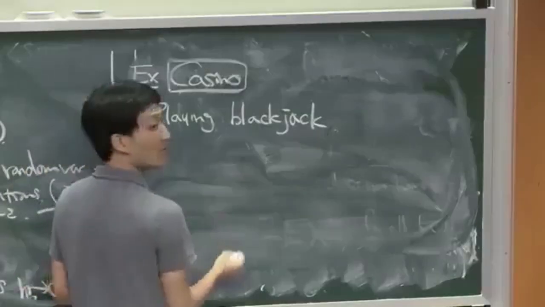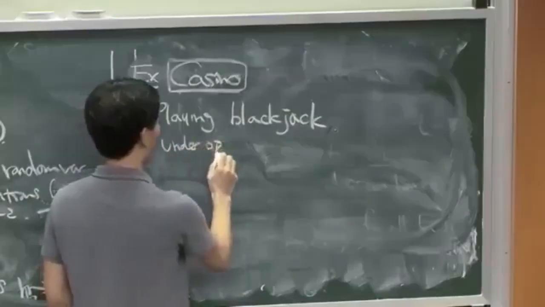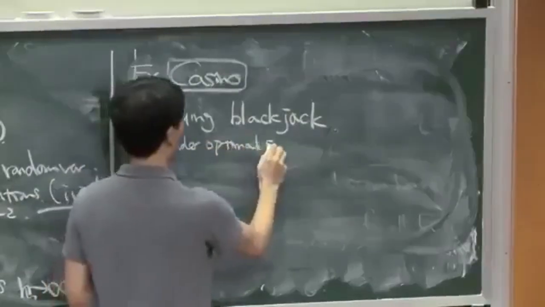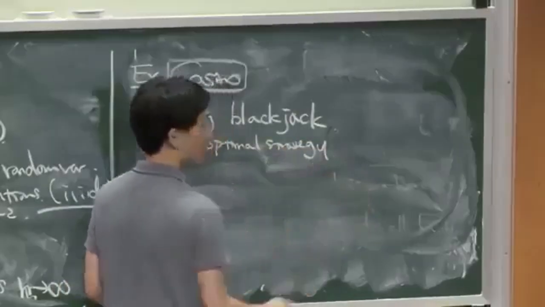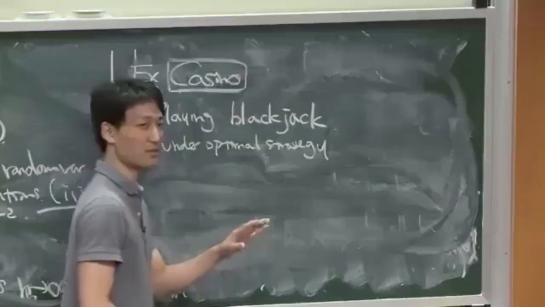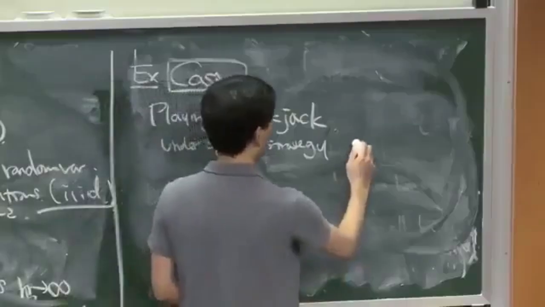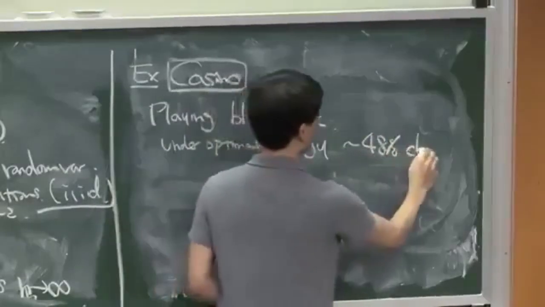If you play the optimal strategy, does anybody know the probability? I think it's about 48, 49%. About 48% chance of winning.